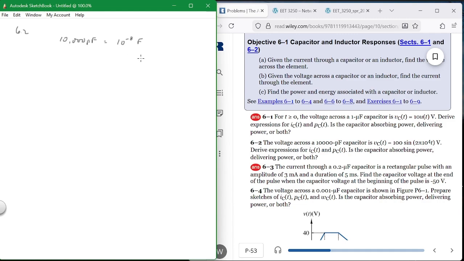So it's minus 8. And VC is equal to 100 sine of 2 pi times 10 to the fourth t. What is IC?